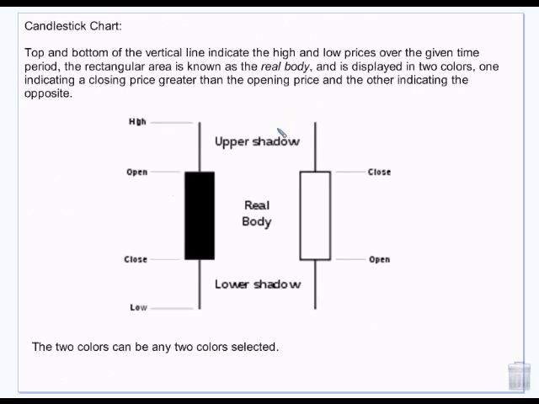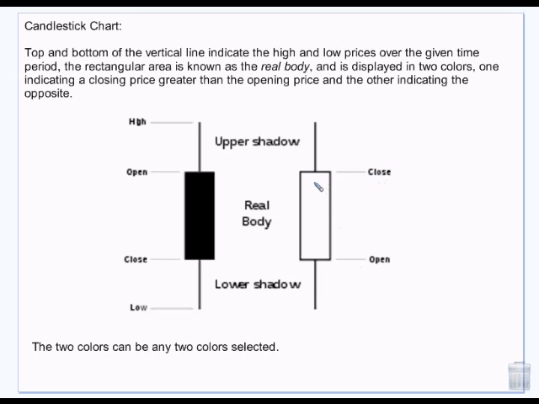Now, a candlestick chart is called a candlestick because, look at that, if you take off the bottom wick, it looks like a candle. You still have the high and low on the straight line, except instead of just a stick going out, you have a box, and the box encompasses the open and the close. If the open is higher than the close, you have one color, and if the open is lower than the close, you have another.